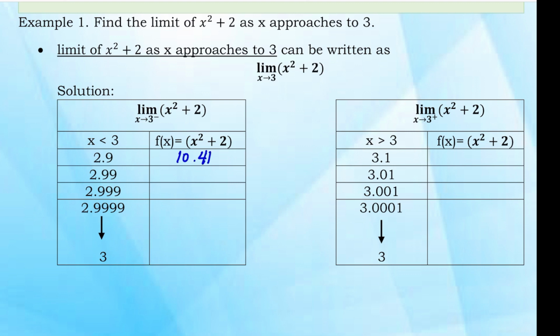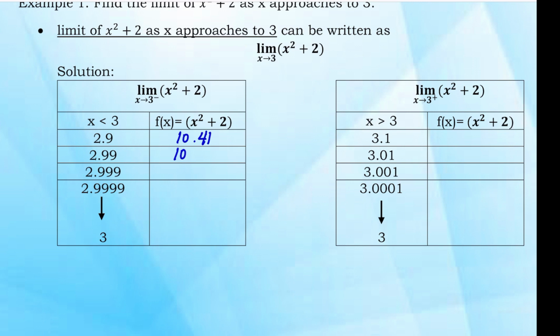If we use 2.99 in the function, so x is equal to 2.99, the function will become 10.9401. Next, 2.999, the function will become 10.994001.